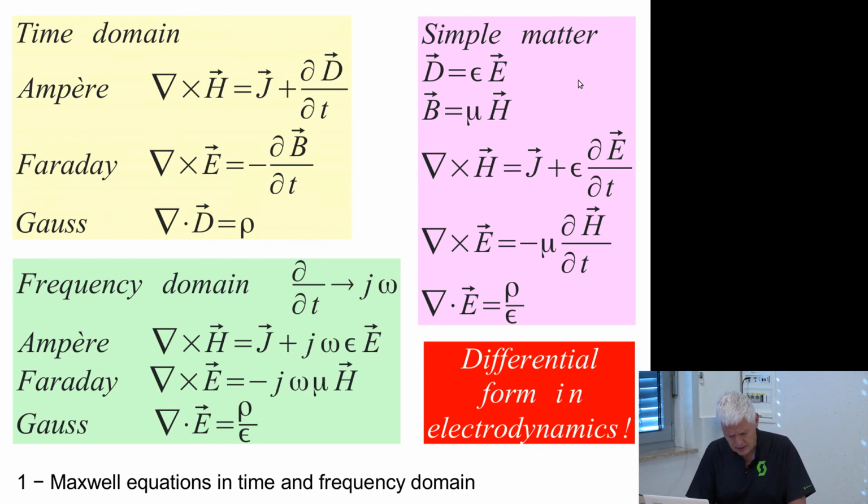What do I mean here with simple matter? I mean that the permittivity and the permeability are just scalar constants. The space is isotropic, and these are not functions of the space coordinates, except for jumps from, say, dielectric to free space or vice versa.